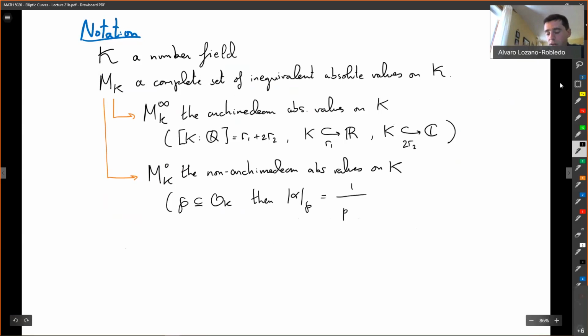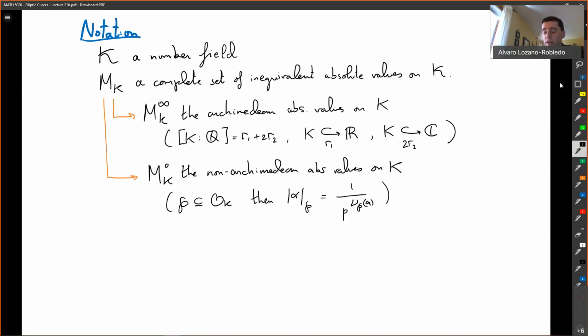So this prime will be above one prime number p, and just take the valuation of alpha. If alpha is an integer, then alpha will be in some multiple of the prime. So if you do this p-adically, then alpha will be in some power of the prime ideal, and that gives you the valuation of alpha.